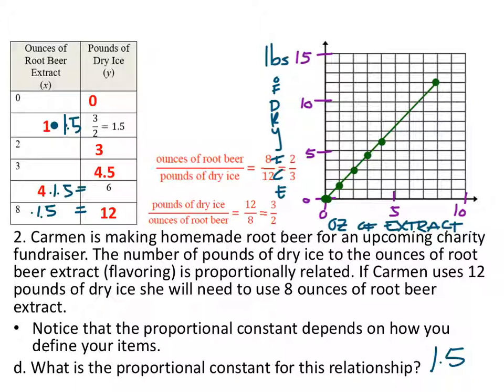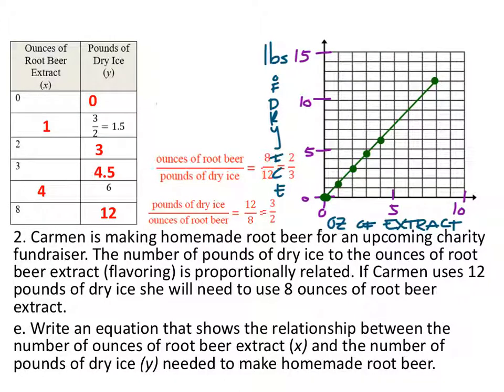All right, take a minute and write down the equation for this as well, for part E. Well, here's what we know: the number of pounds of dry ice is represented by the y value, and the number of ounces of root beer extract is represented by the x value.